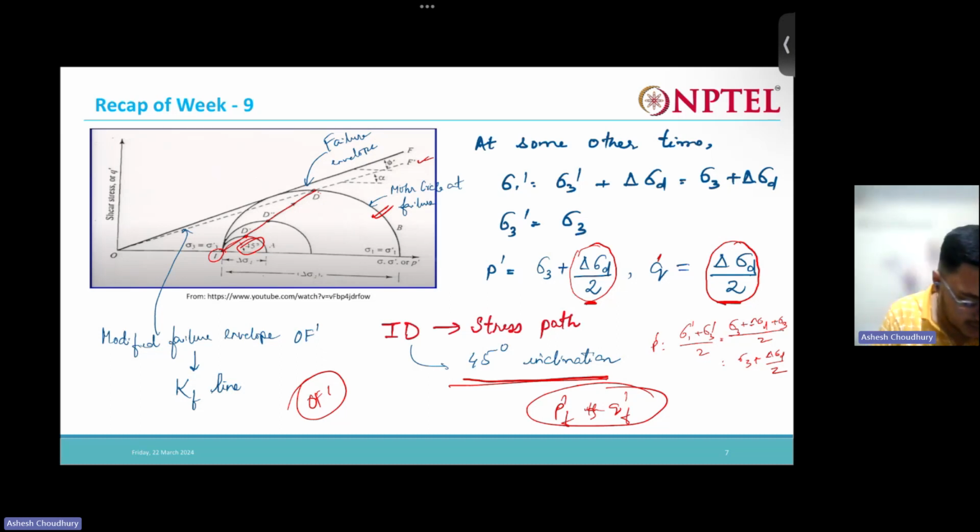The line that you get by joining the top points of those intermediate Mohr circles that you can draw during the progress of the test, not at the failure, but till the failure point, will give you the stress path. In case of a CD test, that stress path is inclined at an angle of 45 degrees with the horizontal.